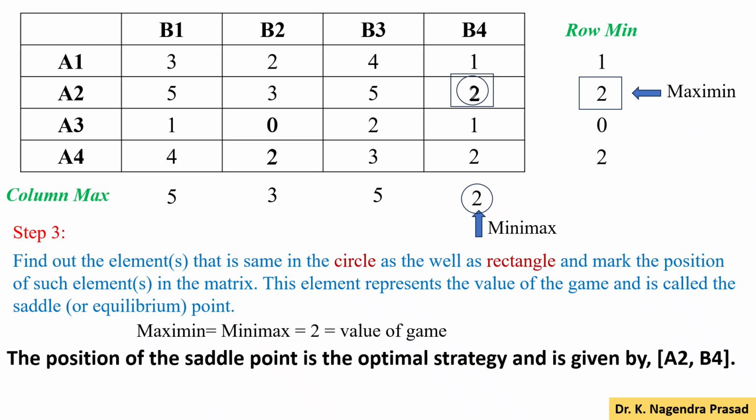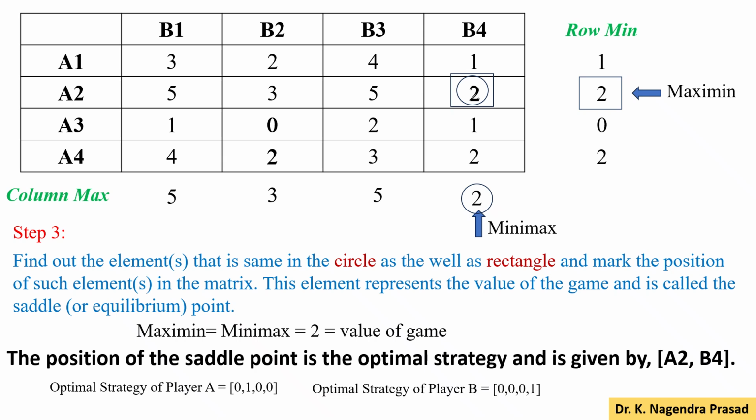Then the respective position of the saddle point is the optimal strategy. Here the position of the saddle point is the A2 row and B4 column. If the game has a saddle point, then the game is a pure strategy game and players will select only one strategy.